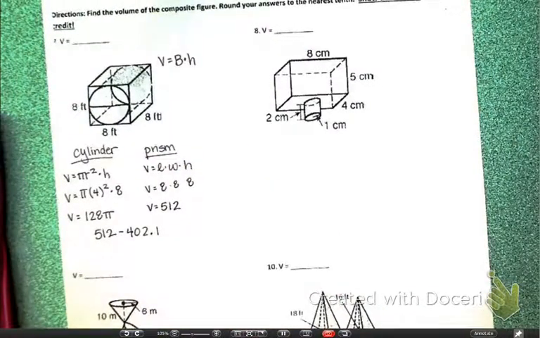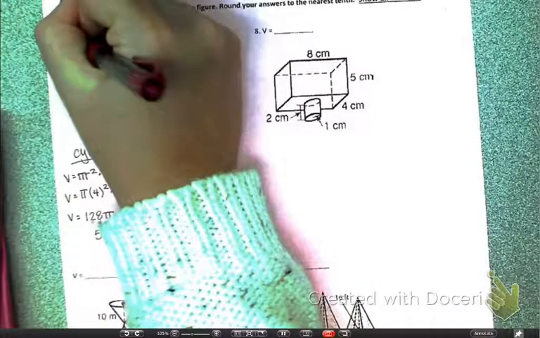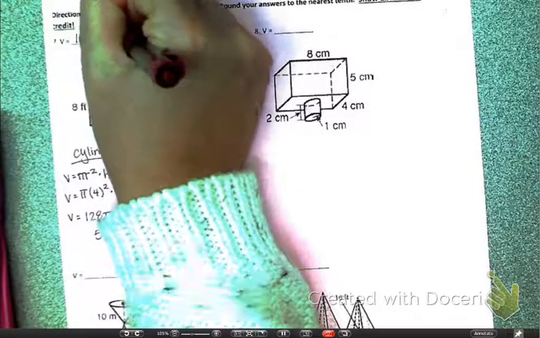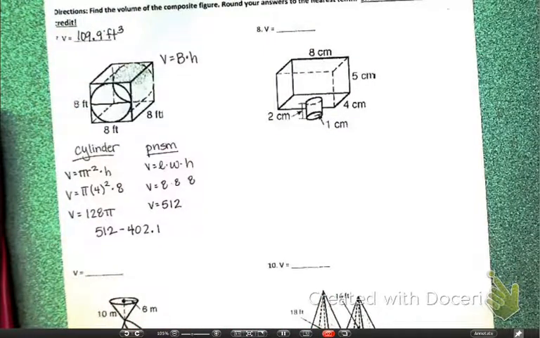Are you okay with that? How I got the 402.1? And then 512 minus 402.1 is 109.9 feet cubed. So I'm subtracting the cylinder out of the prism because it's hollow. It's taken out.